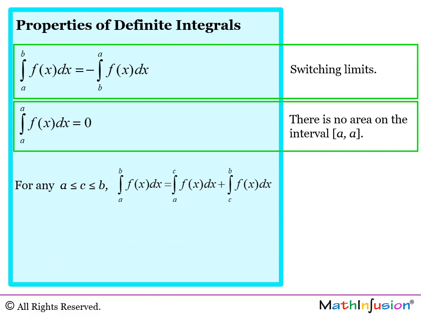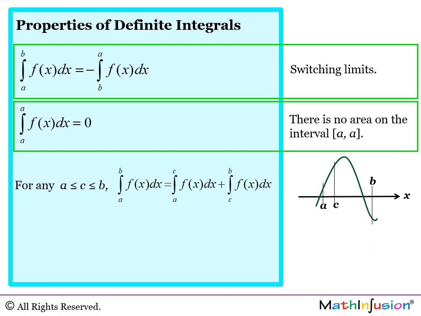For any c greater than or equal to a and less than or equal to b, the integral between a and b equals the integral between a and c plus the integral between c and b. This is one of the most useful properties that definite integrals have.